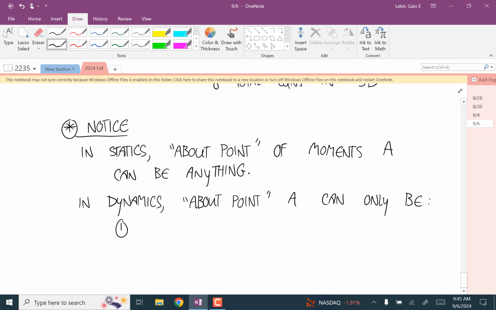It can only be the object's center of mass, or second, a point on the body that's fixed in the coordinate system.